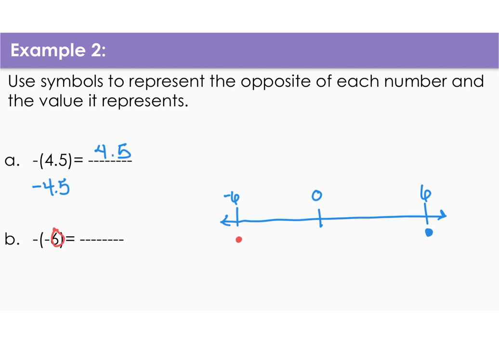So the negative of a negative is actually the positive, because it's the opposite of a negative. So this is actually 6. So then what is the opposite of 6? That is -6.